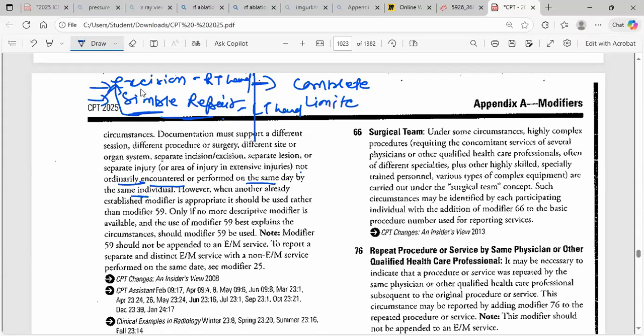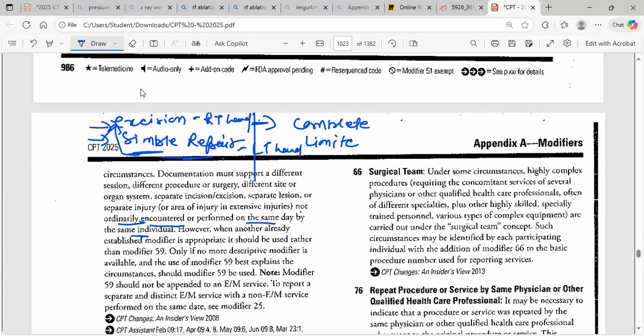Yes, ma'am. But ma'am, earlier in the example you said that the appendectomy was performed, and it will become a limited procedure.